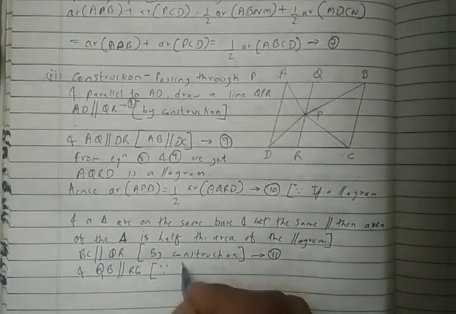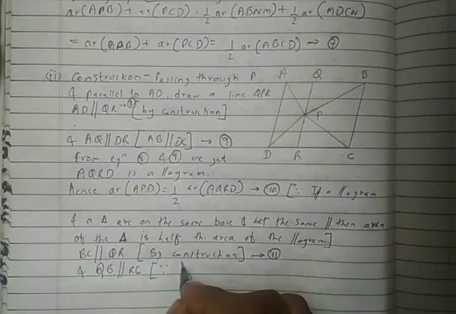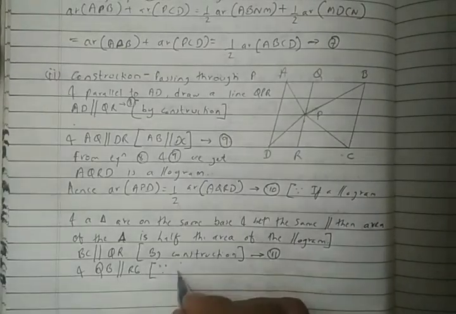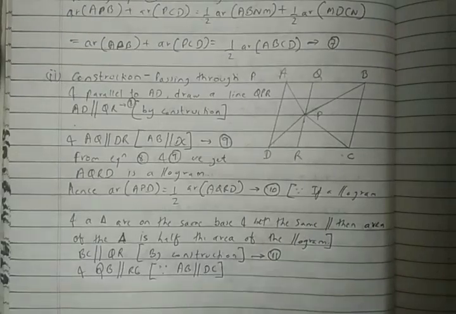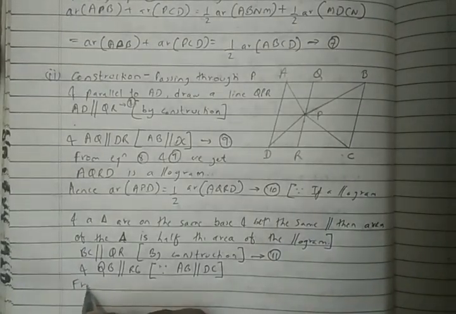Because AB is parallel to DC, so their parts will also be parallel. We'll write down because AB is parallel to DC. Let us name this as 12.